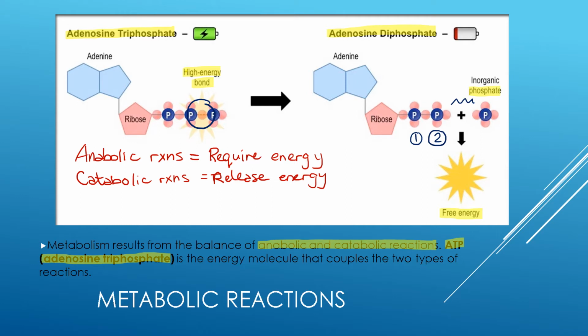Di meaning two phosphates, and in adenosine triphosphate, tri means three, so it has 1, 2, 3 phosphate molecules. So we go from this really high energy ATP to a very low energy ADP because it has released that free energy. And that energy can be used by other reactions in the area.